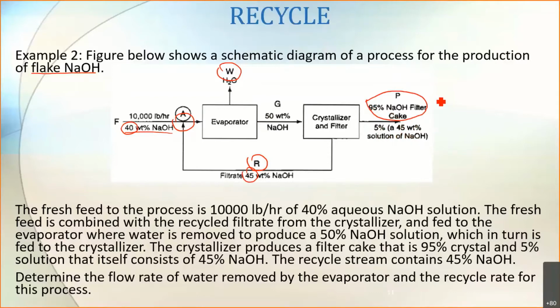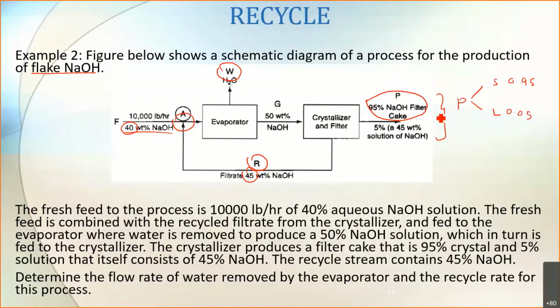So basically what the question is saying, that over here everything is P, right? So P here is represented for all this product value. So in your P, you have one which is solid, and one which is liquid. And the solid composition is 0.95, and the liquid composition is 0.05.